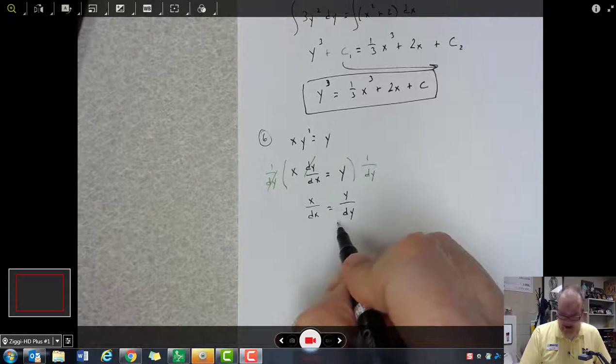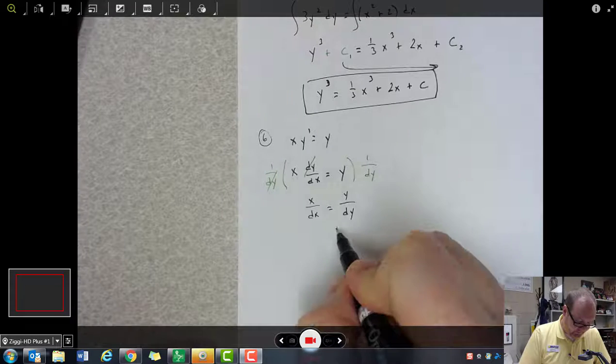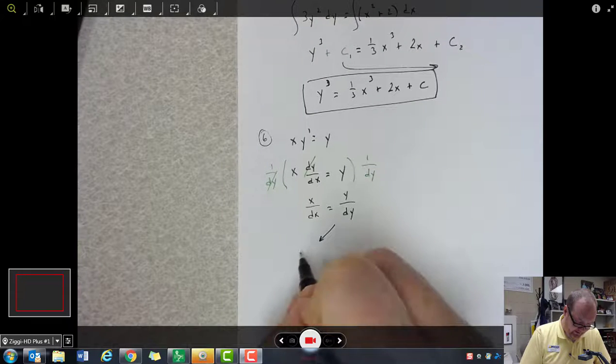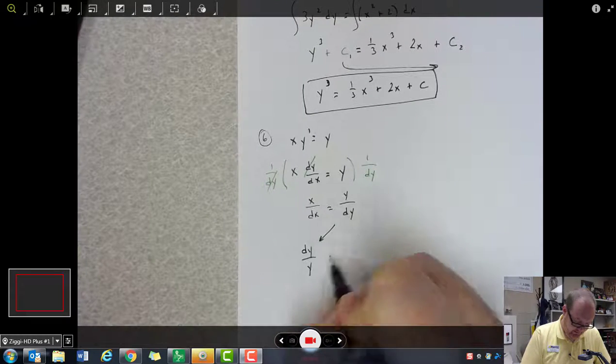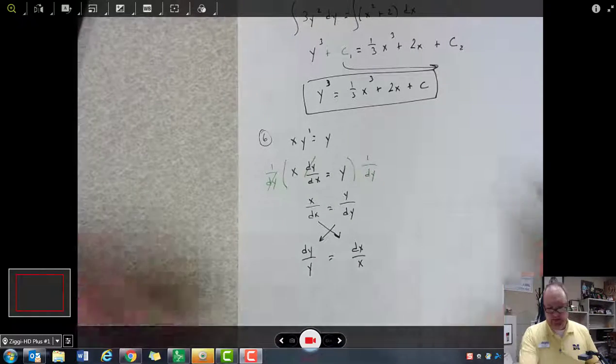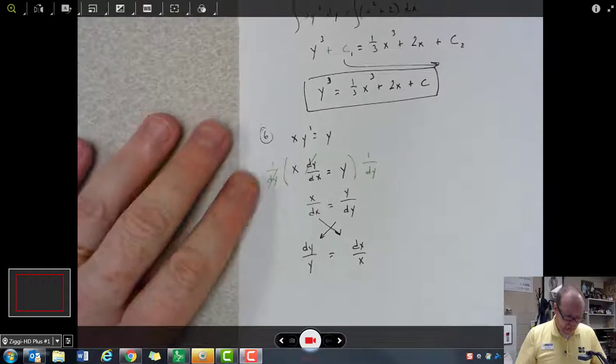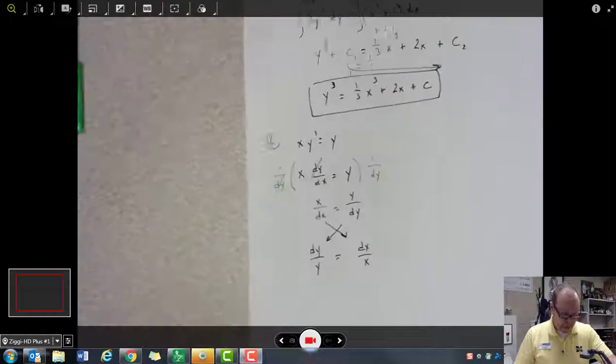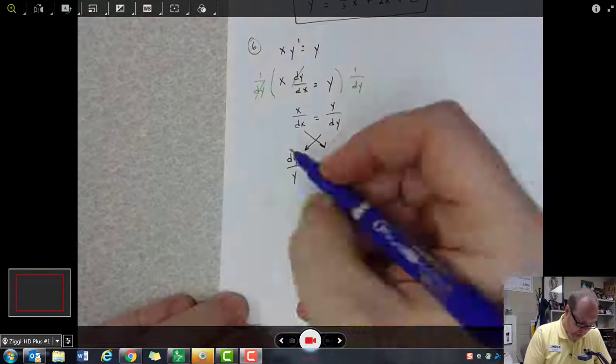And as I flip it over, I like my y's on the left. So I'm going to rewrite this as dy over y equal to dx over x. And both of those now fit the form of du over u.